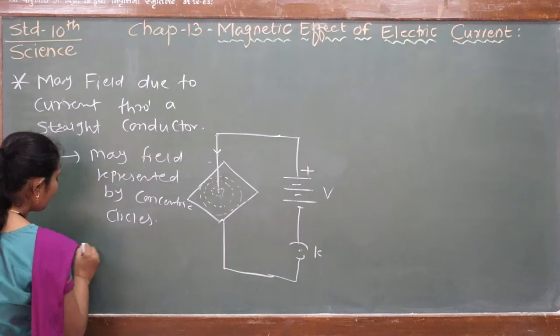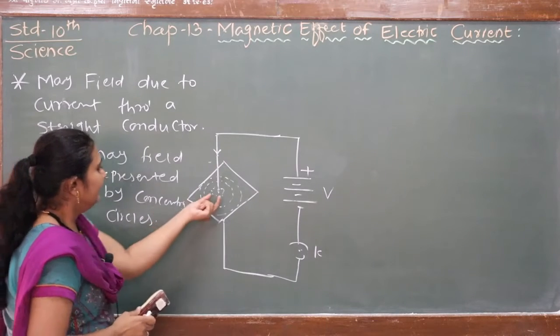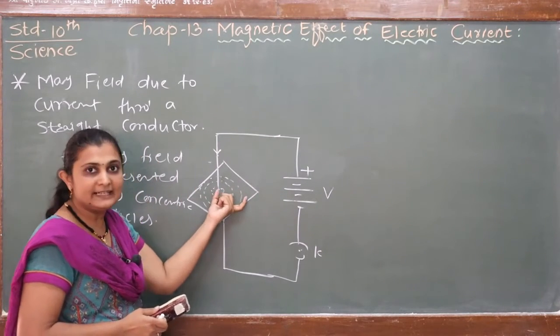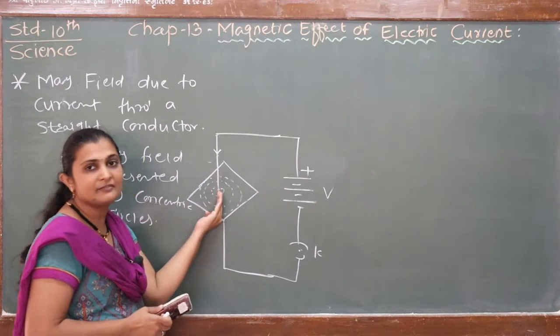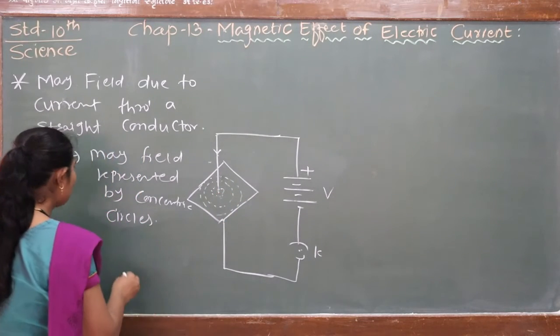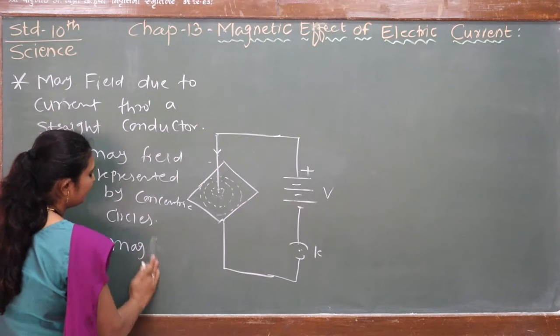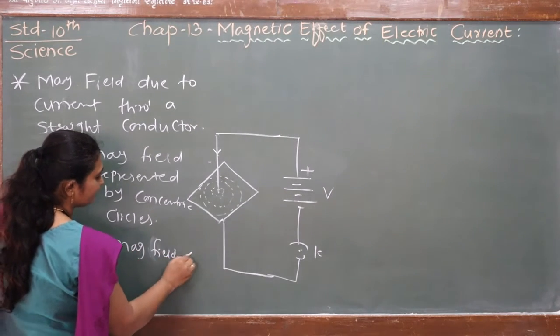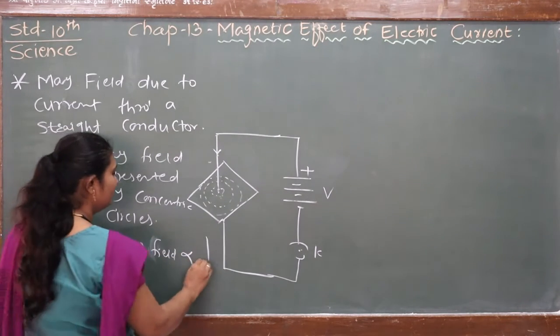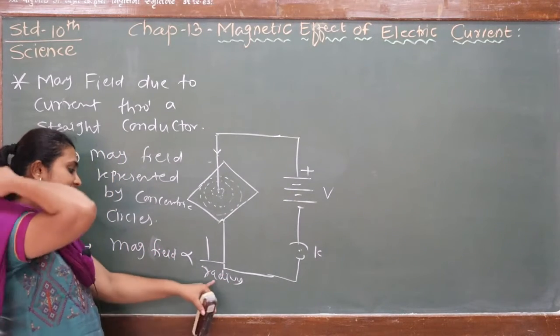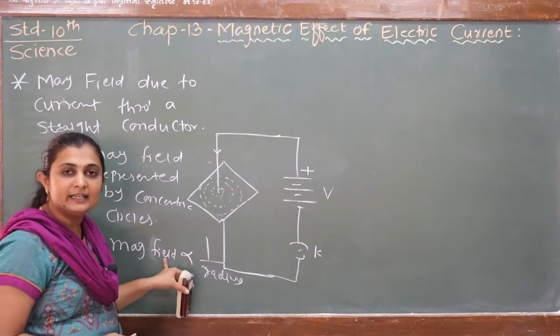Now if you move away from this wire, then the radius increases, and if you come towards the wire, the radius decreases. Means what? Magnetic field is inversely proportional to radius. As radius increases, magnetic field decreases.